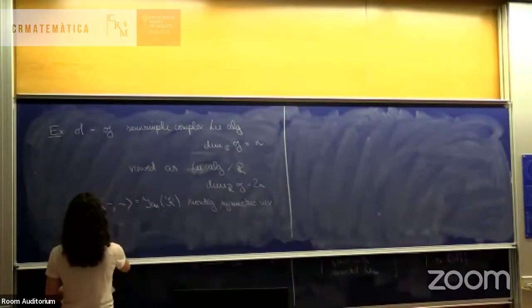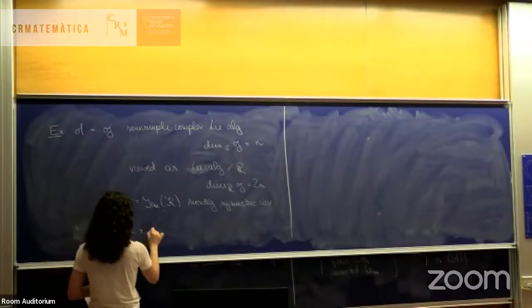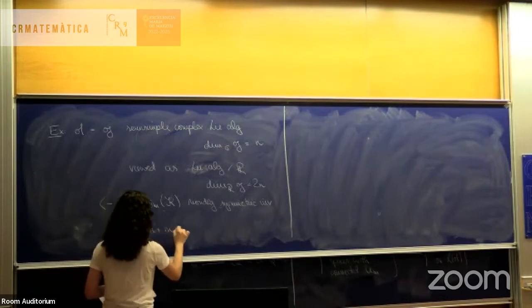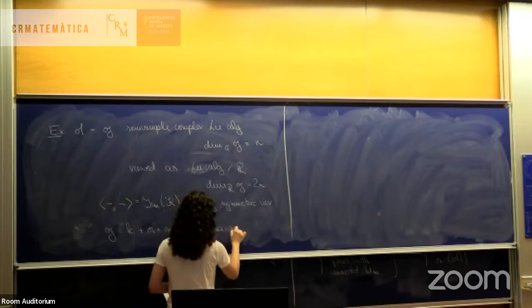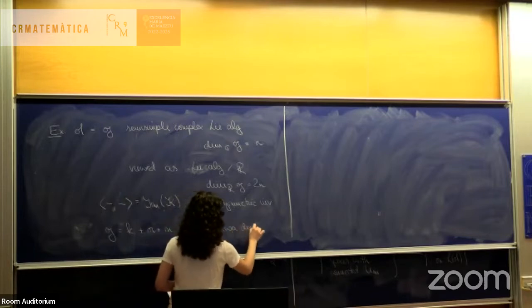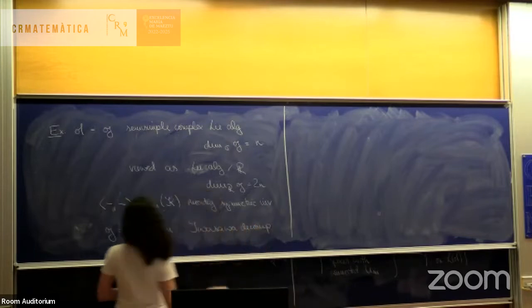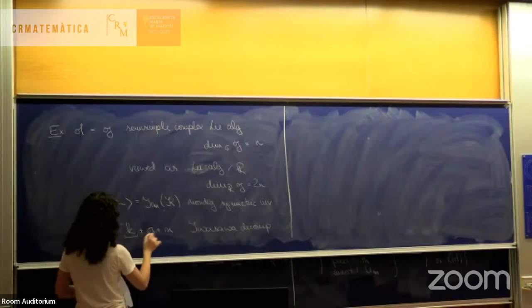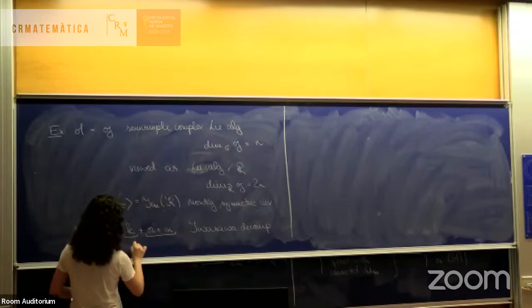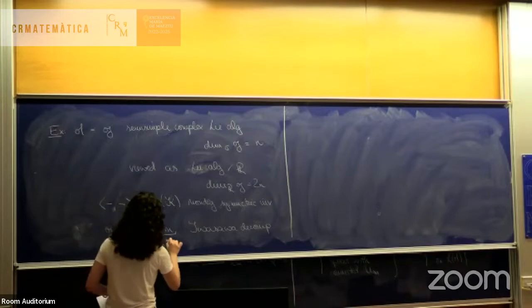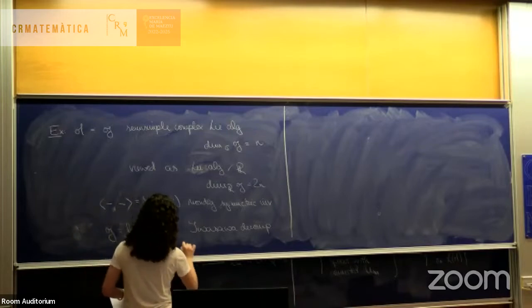And then from all of this data, I have an Iwasawa decomposition, where the first factor K and the second factor, let's maybe call them U and U star, are a Lagrangian splitting.